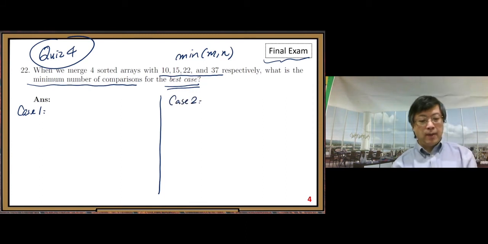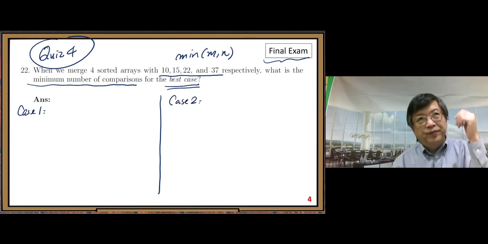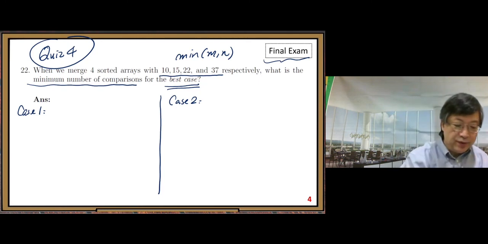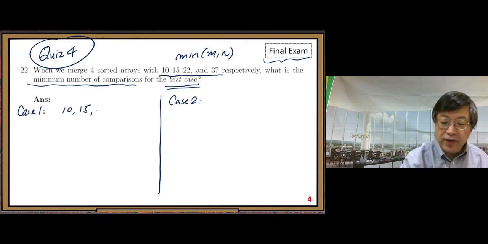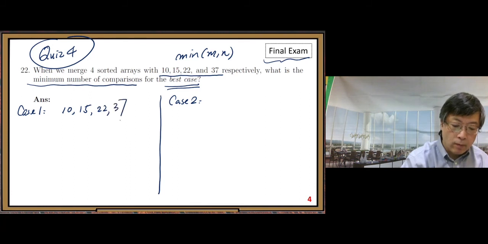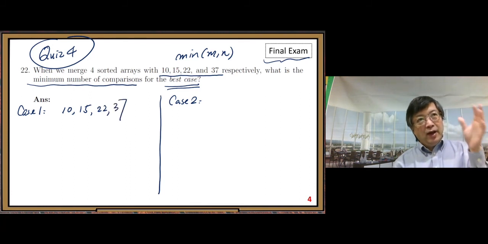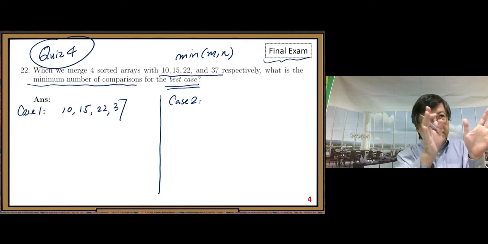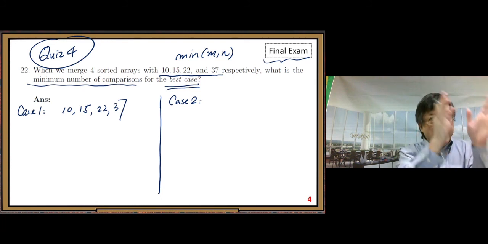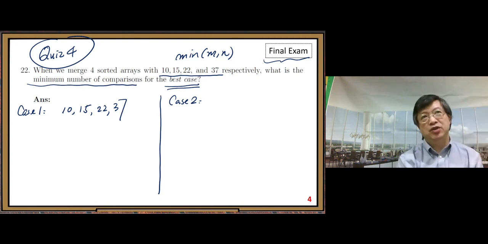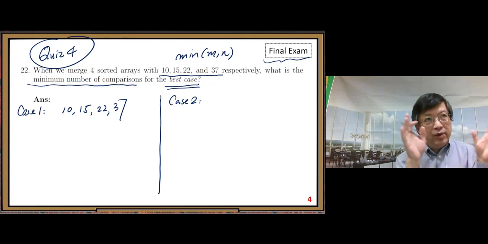All right. So case 1, we do this grouping. First we merge two arrays with the smallest sizes. So usually we call this the greedy algorithm idea.